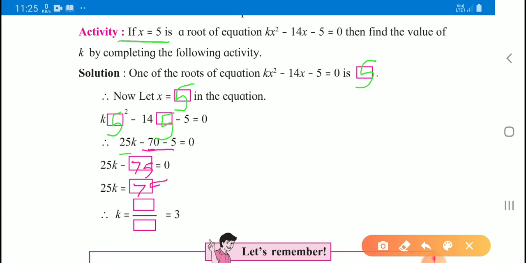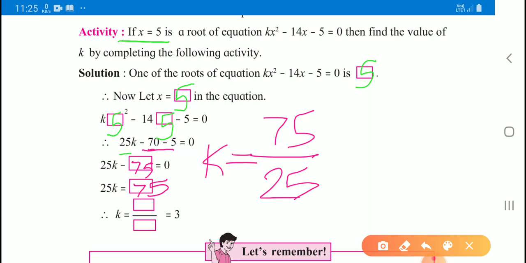So here it will come 25k equal to 75. Now I will solve for k: k equal to 75 upon 25. So you will get the answer as 3. Okay. Do you understand how to solve the given activity, or how to find the value of k if they give one root of the quadratic equation?